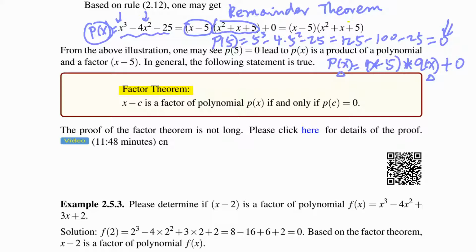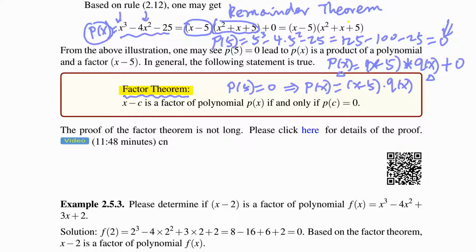So actually, the remainder theorem can be part of the factor theorem. It basically tells us that if p of 5 is 0, then p of x is x minus 5 times q of x.